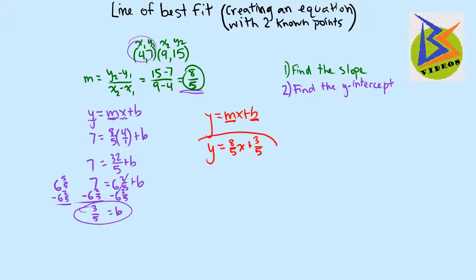And so we can then use this equation to make predictions either within the data or outside of the data that we have, and go from there. So I guess the third step would be to plug into y equals mx plus b.